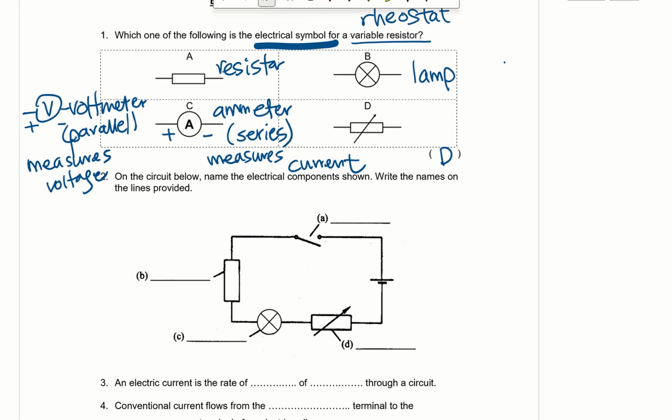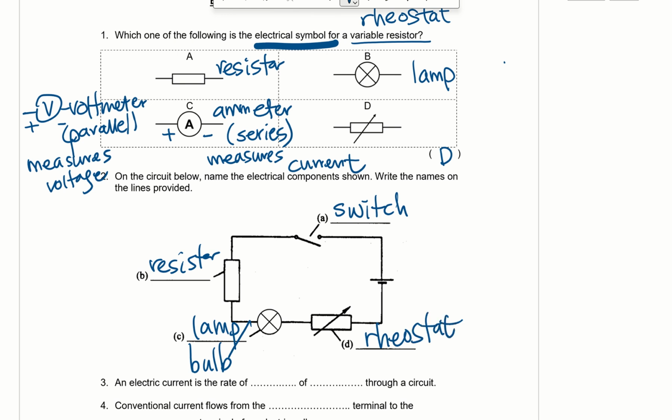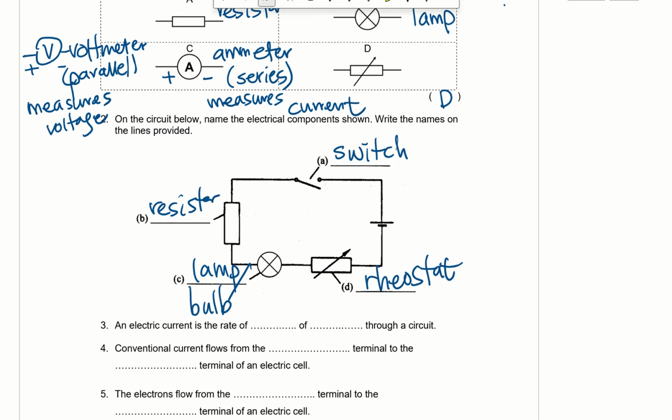Now, question 2. On the circuit below, name the electrical appliances shown. So this is a switch, this is a resistor, then we have lamp or bulb, and this is my rheostat, also known as a variable resistor. What is electric current?